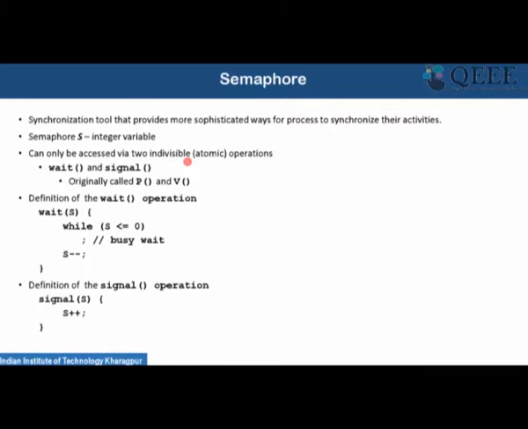Atomic operation means whenever those operations are being executed, the complete operation needs to be executed. The two operations are wait and signal. Sometimes we call wait operation P, and signal operation V.